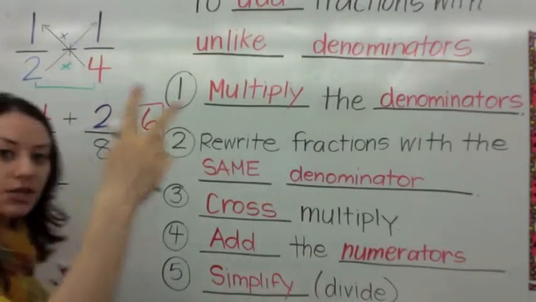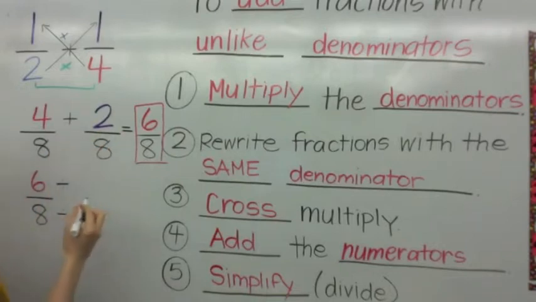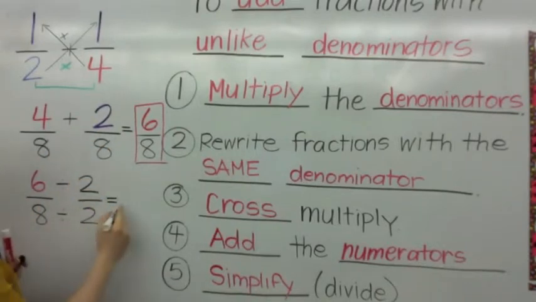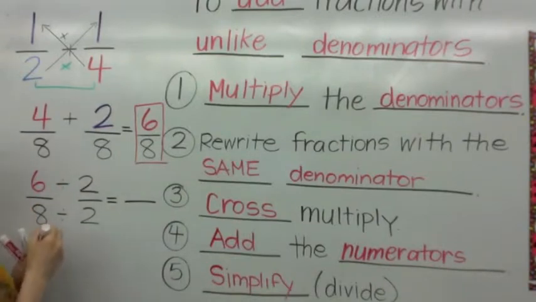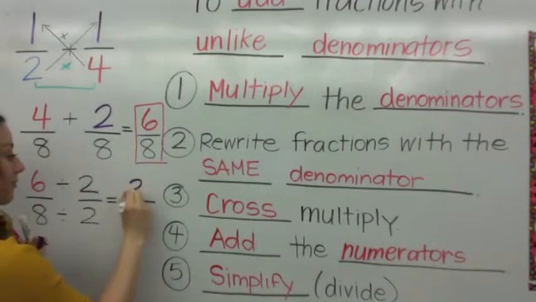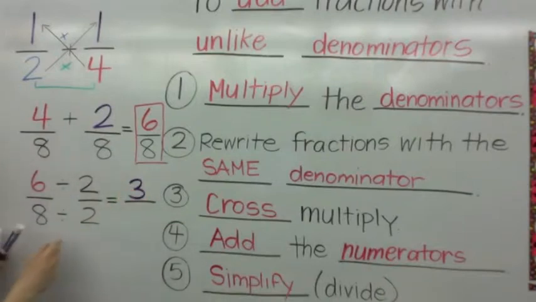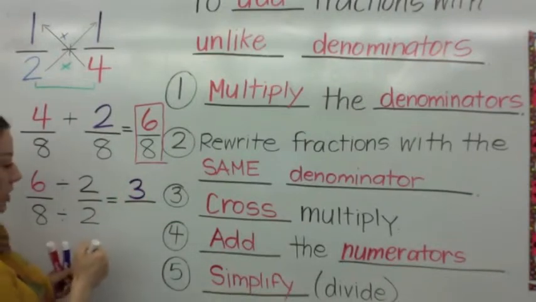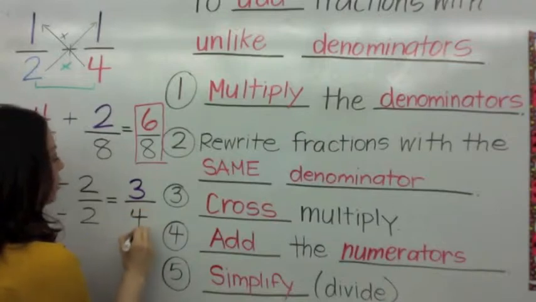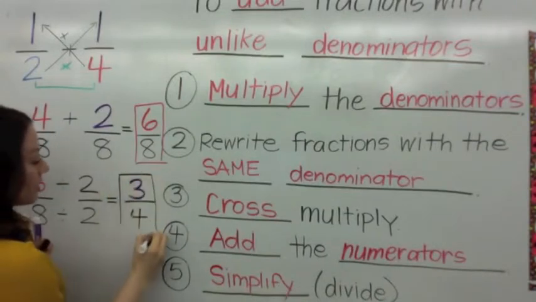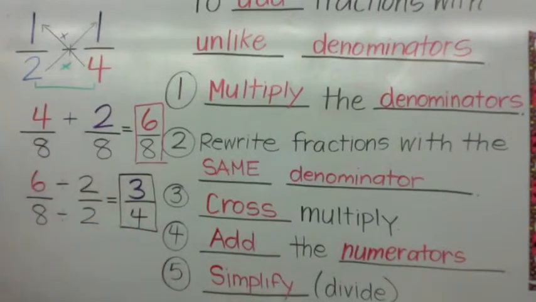I could divide by 2. So if I divide by 2 over 2, my new fraction is 6 divided by 2 on the top, which is 3, and 8 divided by 2 on the bottom, which is 4. So simplified, my fraction is 3/4. Go ahead and get that down.